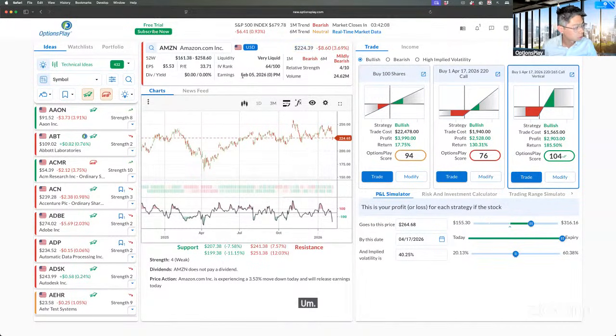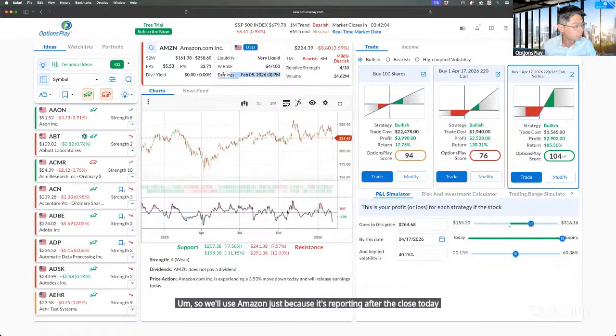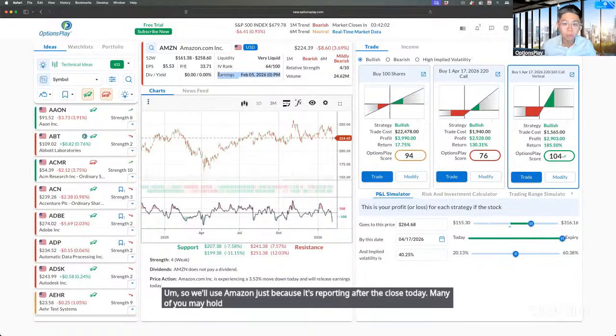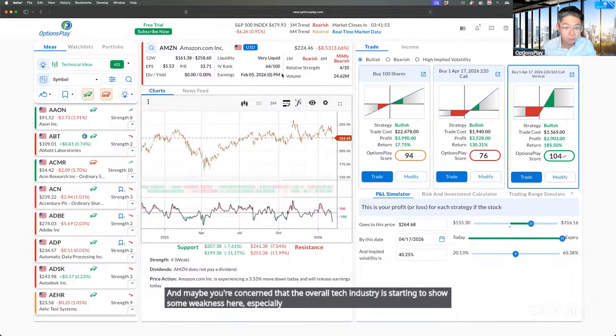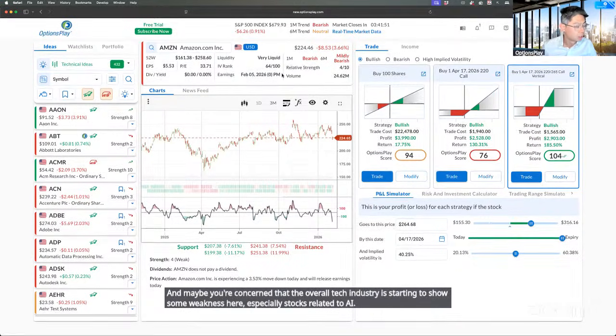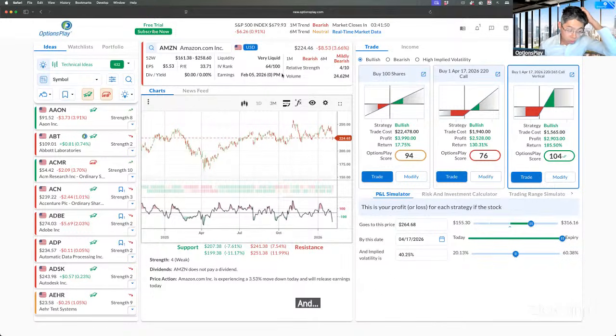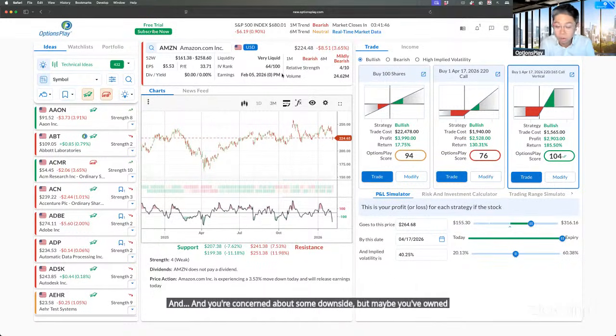So we'll use Amazon just because it's reporting after the close today. Many of you may hold this stock in your portfolio, and maybe you're concerned that the overall tech industry is starting to show some weakness here, especially stocks related to AI, and you're concerned about some downside, but maybe you've owned the stock at a low cost basis.